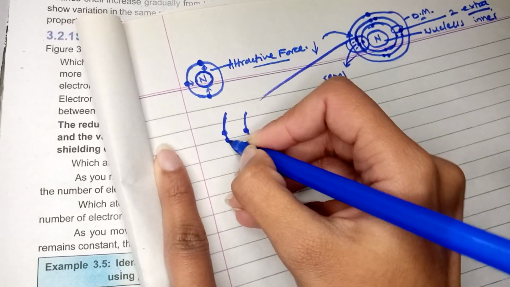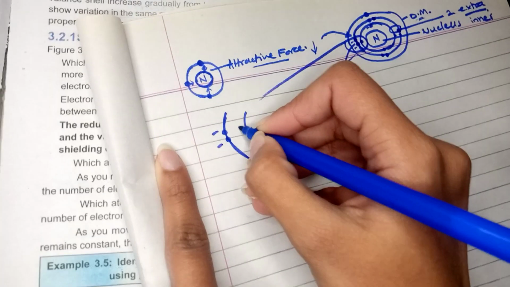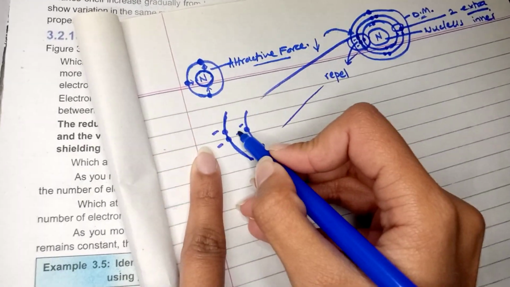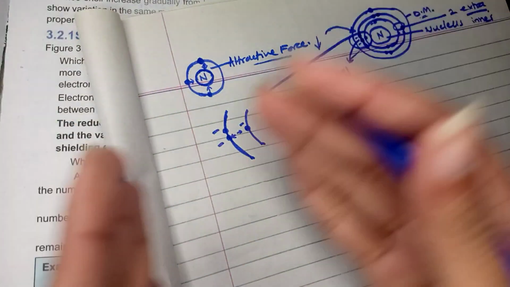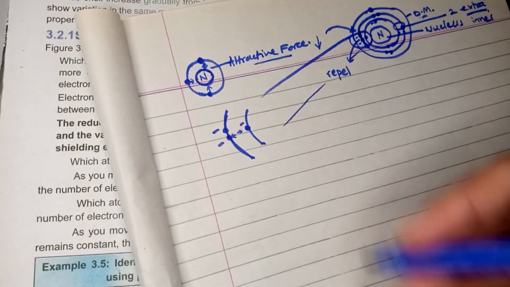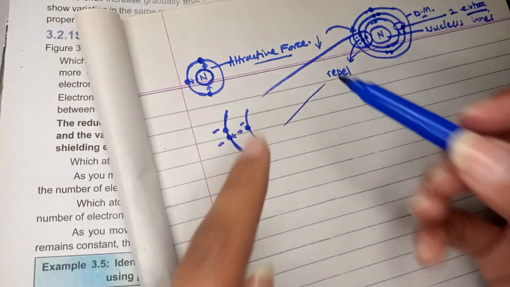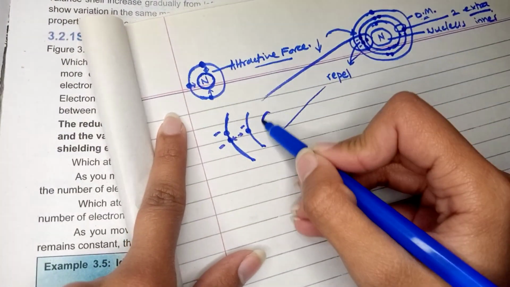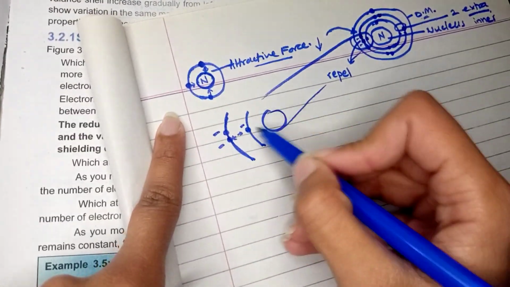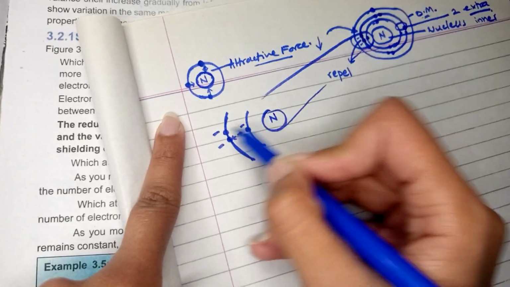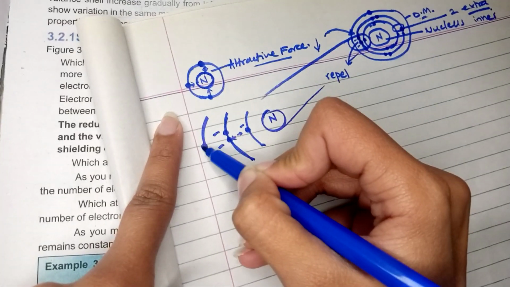These are the two electrons. Definitely these are negative, so they would repel. These shells would repel, and in this way they would shield the attractive force which the nucleus is exerting on the outermost electrons.